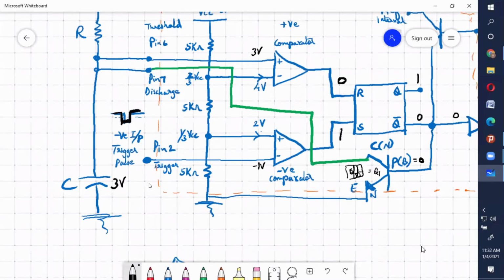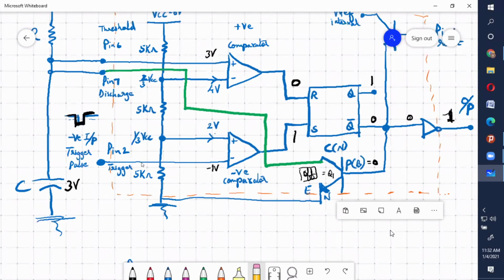Because of this, again the flip-flop will remain in the set state itself, 1 and 0. Still your Q bar is 0, which keeps the transistor off. And your final output of this inverter is what? 1 only, right? Even if the capacitor is at 3 volts, that is more than 1/3 VCC but below 2/3 VCC, your final output remains 1 itself.